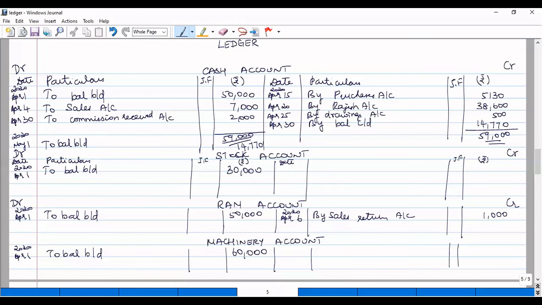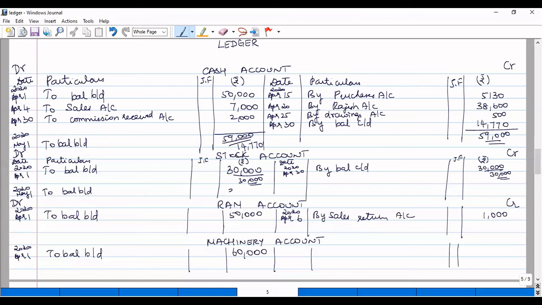In the stock account, we have 30,000. So at the month end, when we close it, we will have the balance carried down as the same amount, and 30,000 is the total. Then next month this stands as the opening balance for stock account.